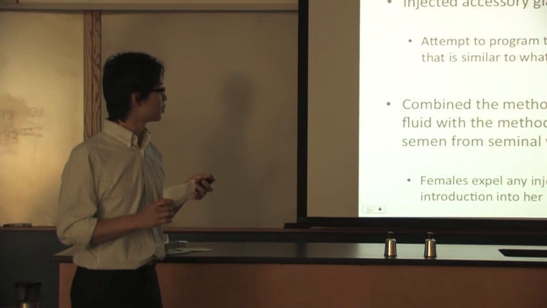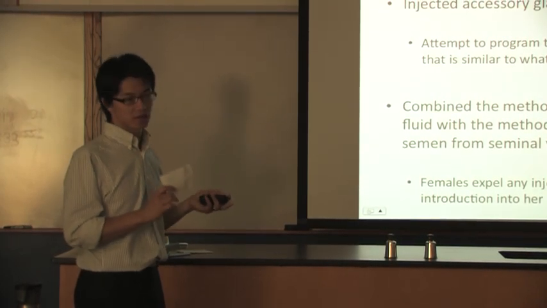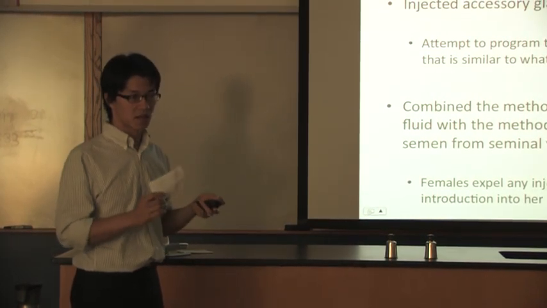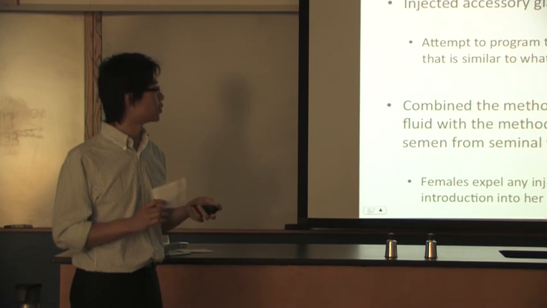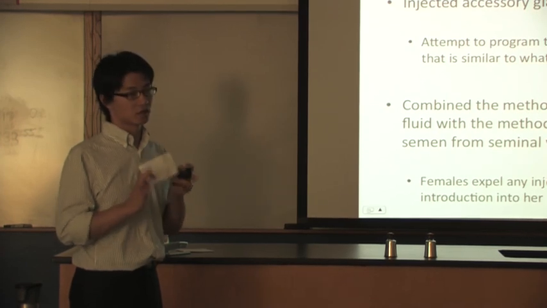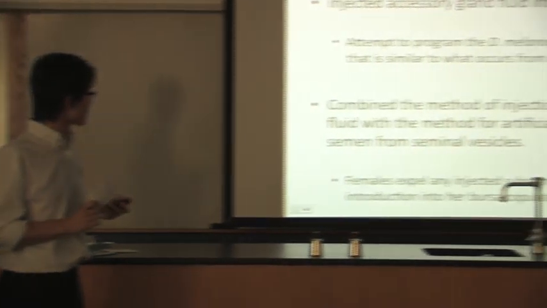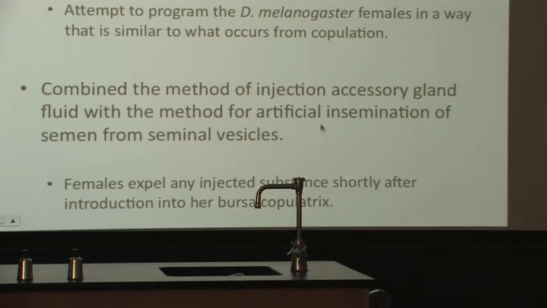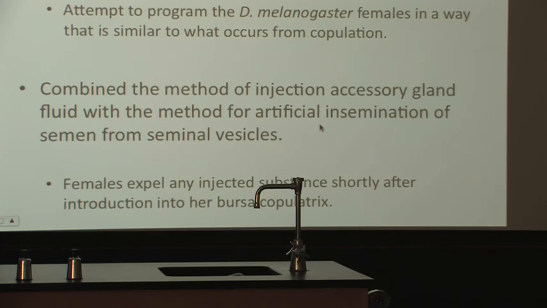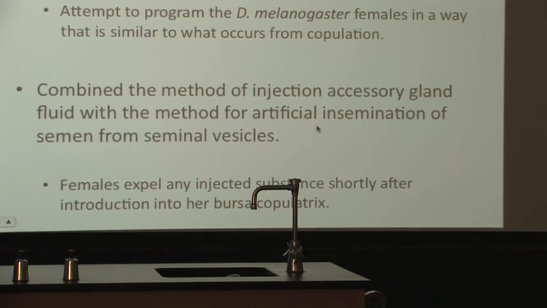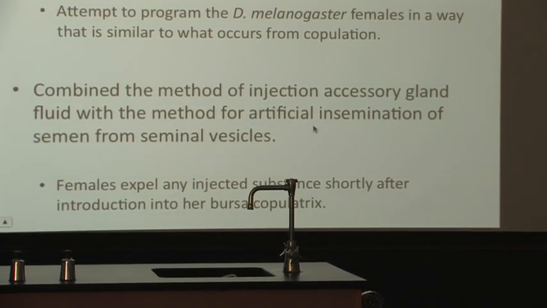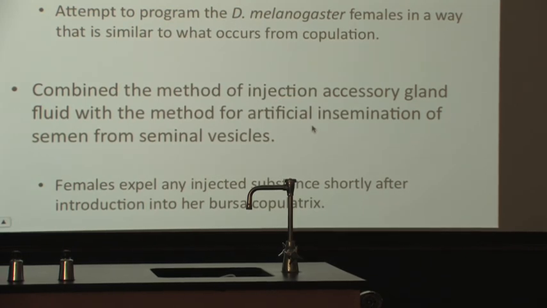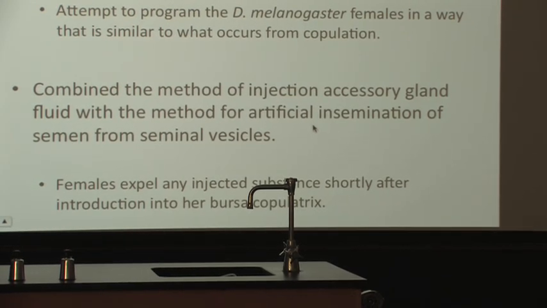So we can prove that after injecting accessory gland fluid, the fluid can stimulate Drosophila melanogaster to lay eggs. In the next experiment, we combined the method of injecting accessory gland fluid with artificial insemination. In this experiment, we also could not get a successful result.